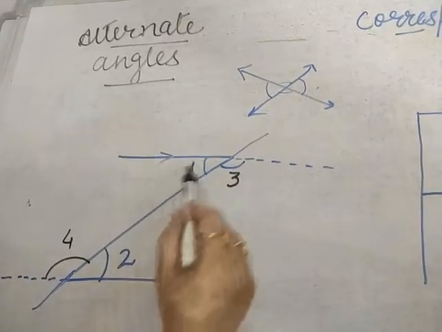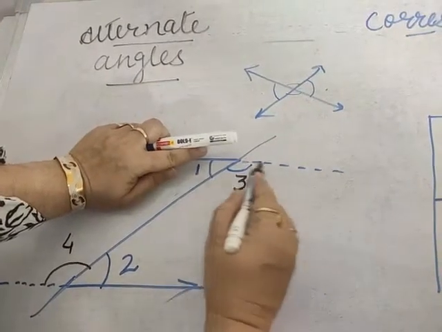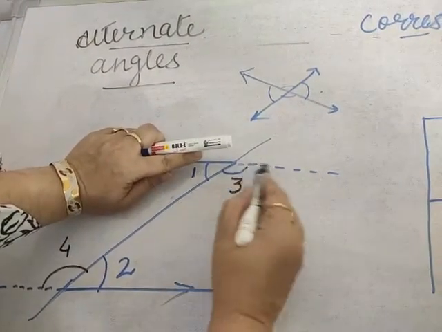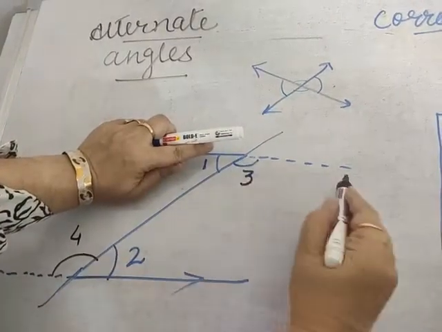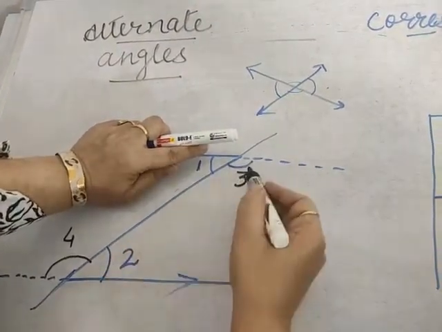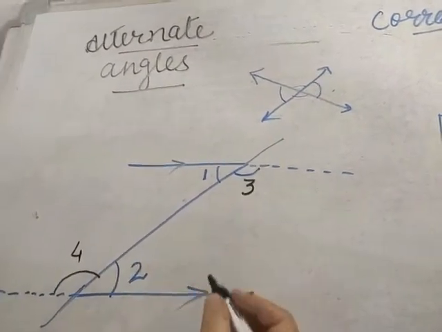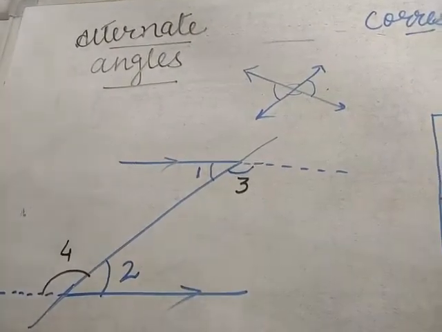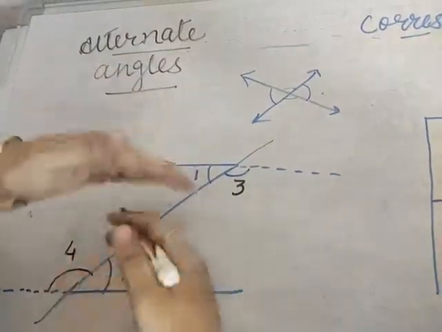1 and 2 were the angles here. As you can see, now I am talking about this shape, dotted, this line and this. It is again that Z kind of shape. Again I have alternate angles 3 and 4. So you can see here I have two parallel lines and these angles are in the interior portion.